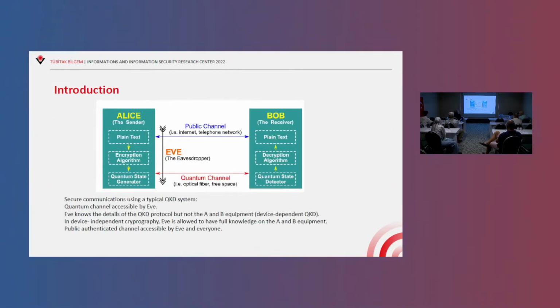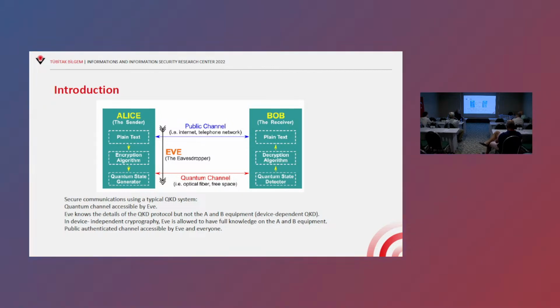So again, the general scheme of communication between Alice and Bob. Alice has a plain text, and then there's an encryption algorithm. According to this encryption algorithm, Alice encodes the information on a quantum state, and then this particular qubit encoded with this information is transmitted through a quantum channel to Bob.